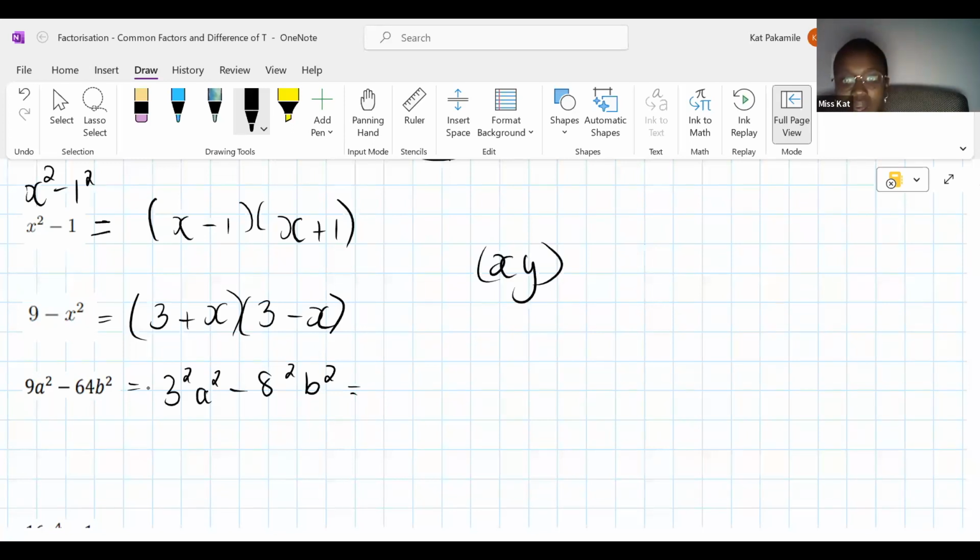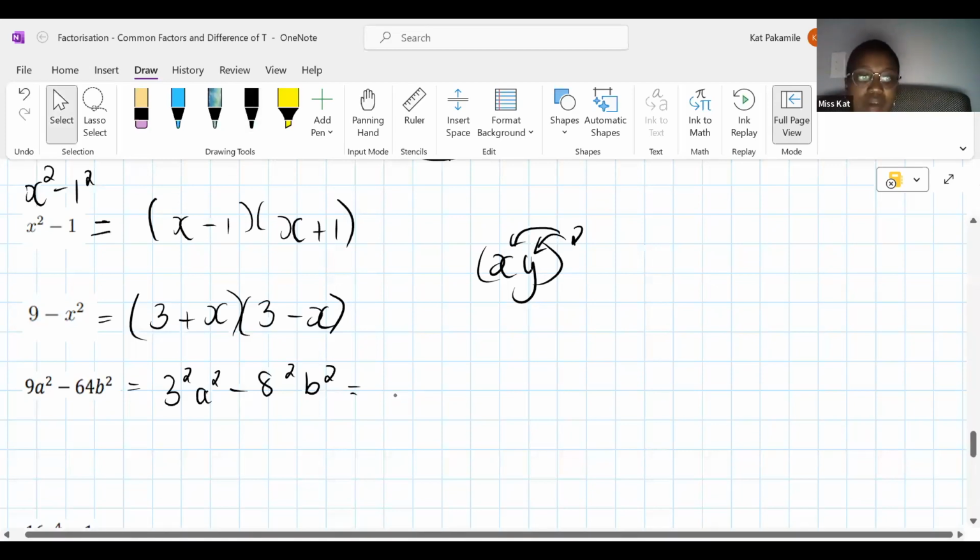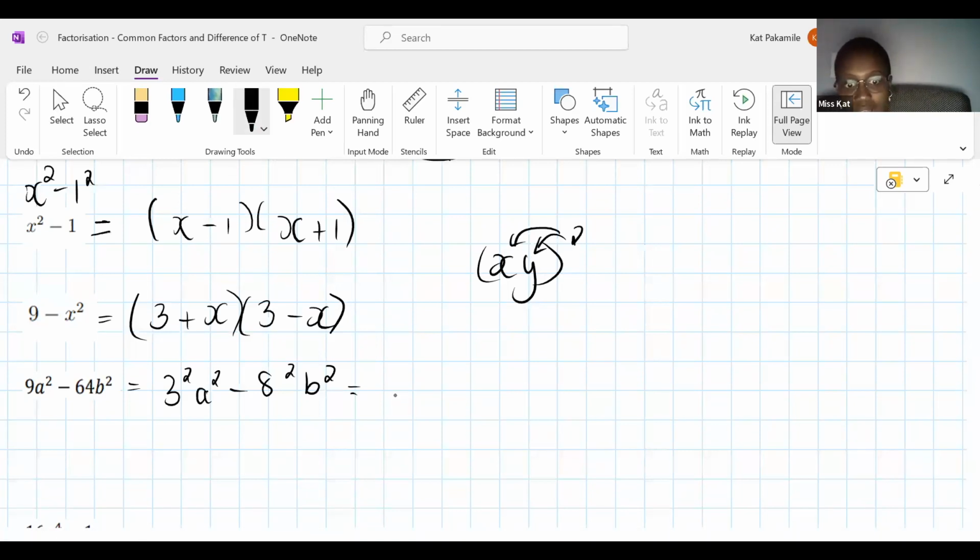As in, if I had xy all squared, I give everyone the squared. Do you remember that? Yes, ma'am. It works the other way around. So we can write this nicely as 3a all squared minus 8b all squared. You see, now we know what goes inside our 2 brackets. So give me my 2 brackets.